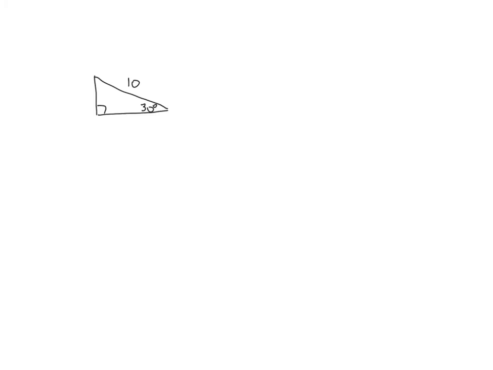So if we're going backwards, then when we go this way, from the hypotenuse to the short side, we're going to divide by 2. Where it was multiplied by 2, now we're going to do the opposite and divide by 2. And then from the short side to the long side is times square root of 3. Okay, so to put it in the same kind of orientation as the other ones, I turned it around.